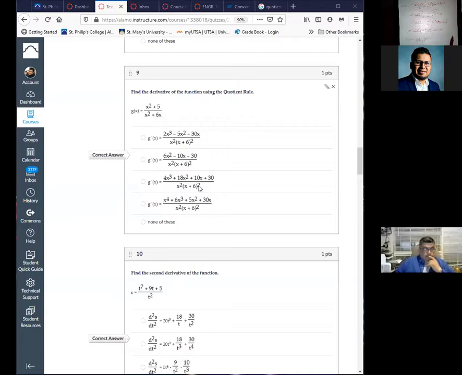Wait, if they pull out an x, how does the second half get squared as well? Well, you pull out an x from these two, but it comes out as a square because of this. Technically, let's just show it.